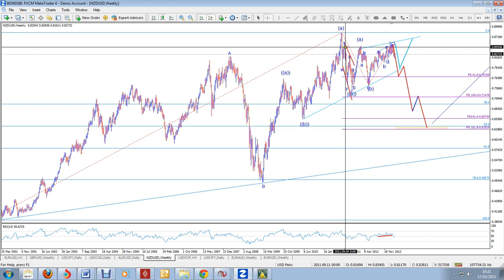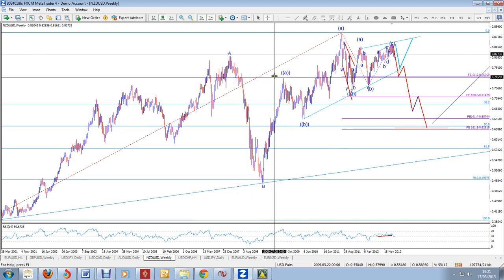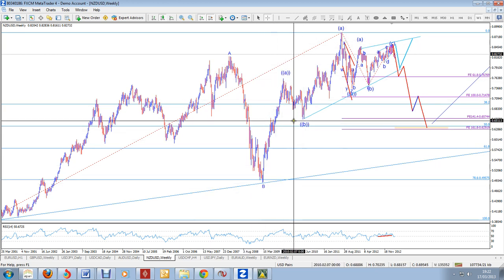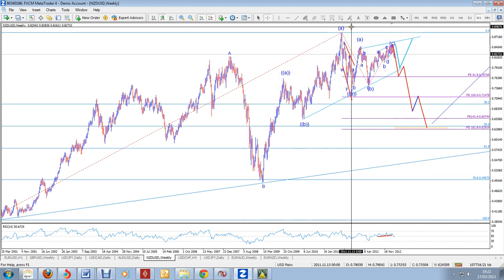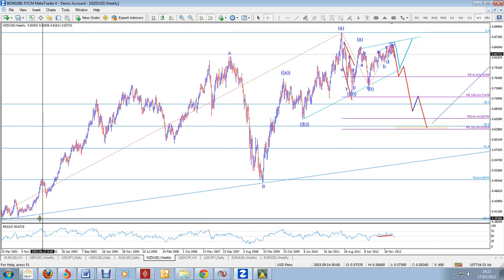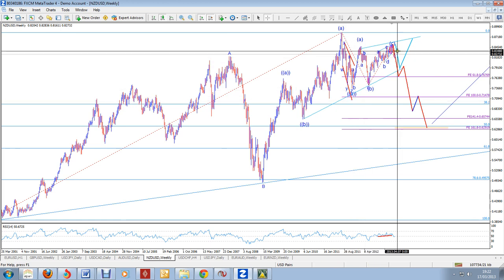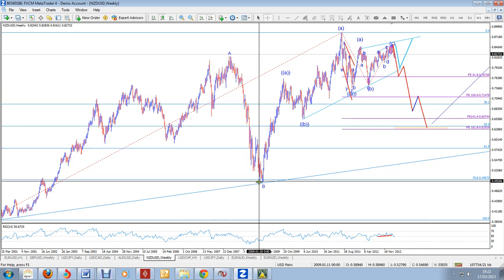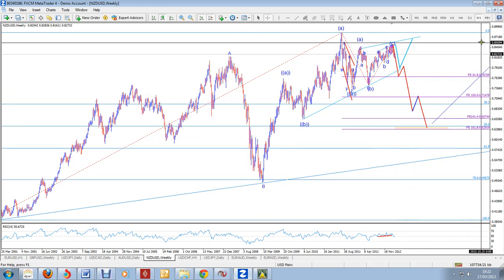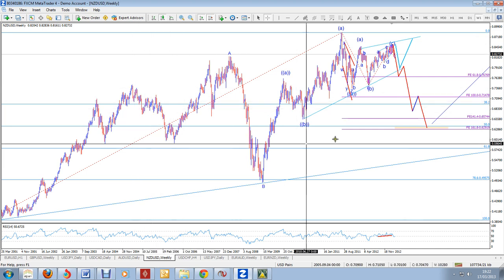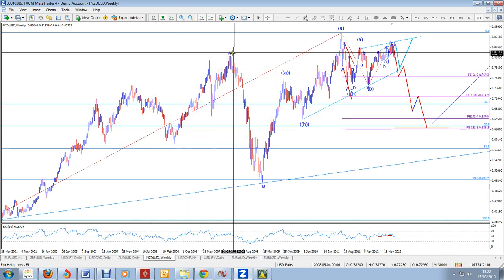So in terms of the outline, we're looking for minor A, minor B and minor C to give us the first zigzag up corresponding to this one. Then we got ABC down corresponding to that, and then we are expecting another leg up, corresponding to this one, and then another leg up which corresponds to that.